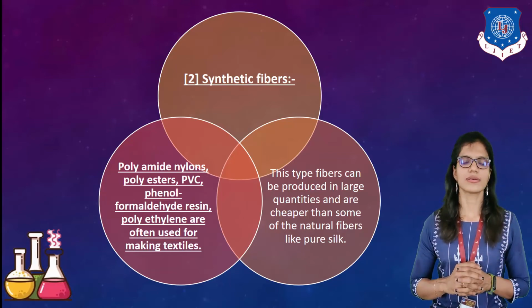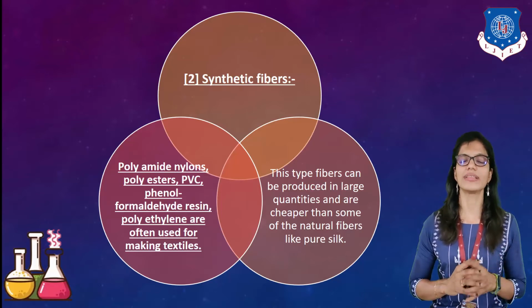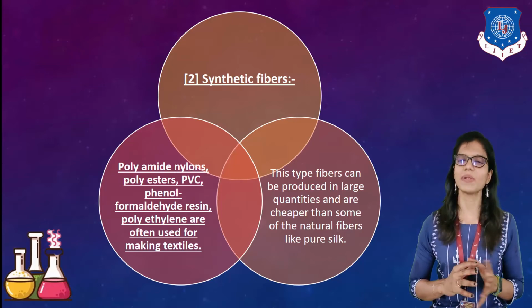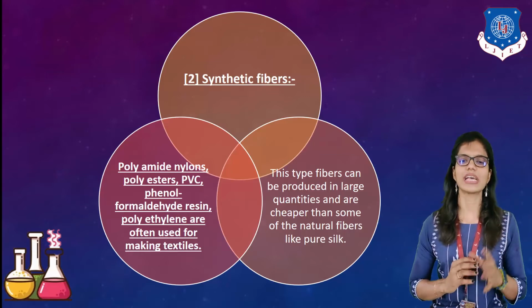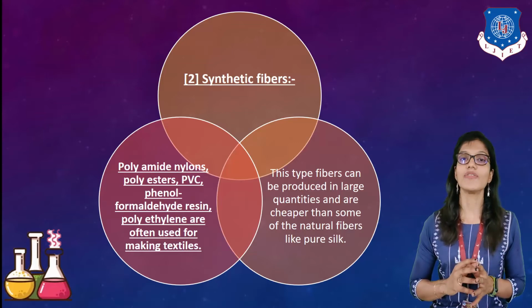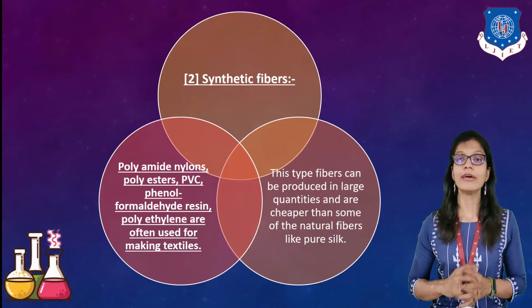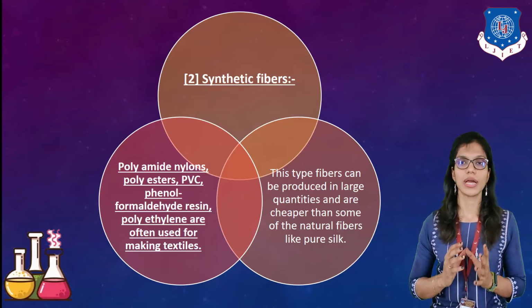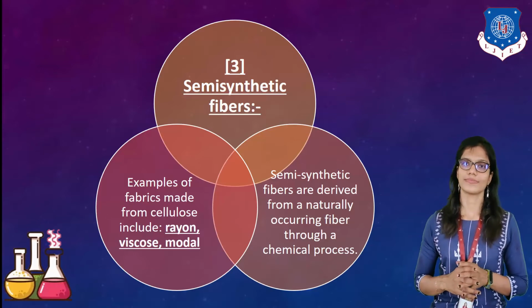Polyamide nylons, polyesters, PVC, phenol formaldehyde resins, polyethylene are often used for making textiles. These are simple examples of synthetic fibers. Polyamide nylons are widely used in manufacturing curtains and different kinds of strong textiles, right, which can be widely used in industrial areas also.